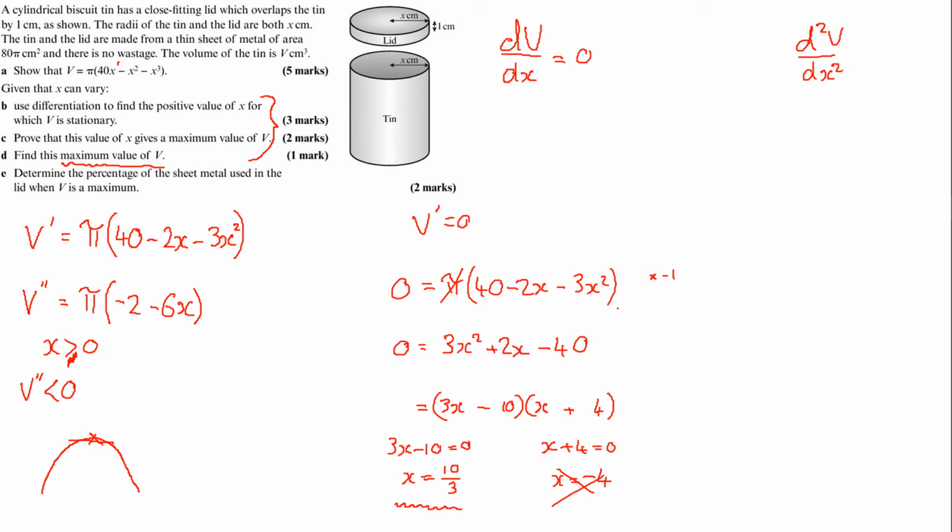Okay. Last but not least, by the way, we found that's B. We talked about C already. That means we just want to find a maximum value for V. We're just going to substitute it into our original formula.